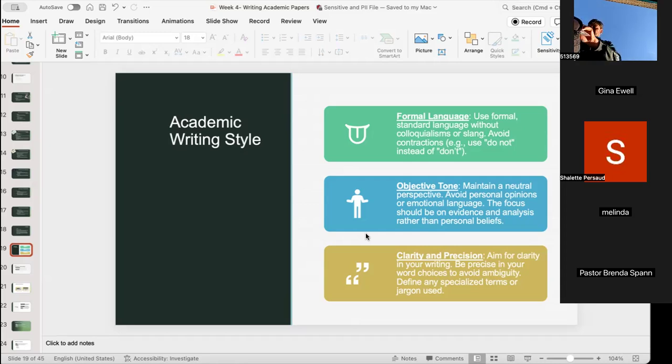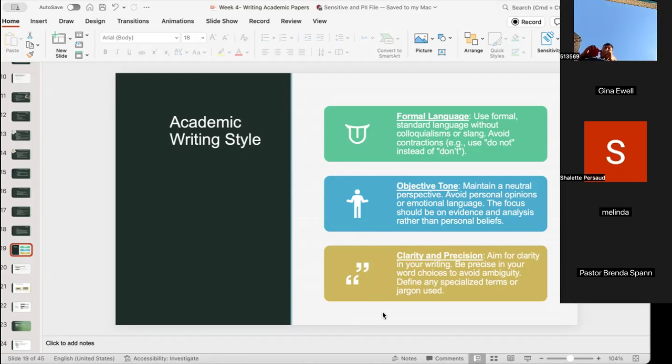The focus should be more on the evidence and analyzing rather than your personal beliefs, unless, of course, it says include your opinions and personal beliefs.